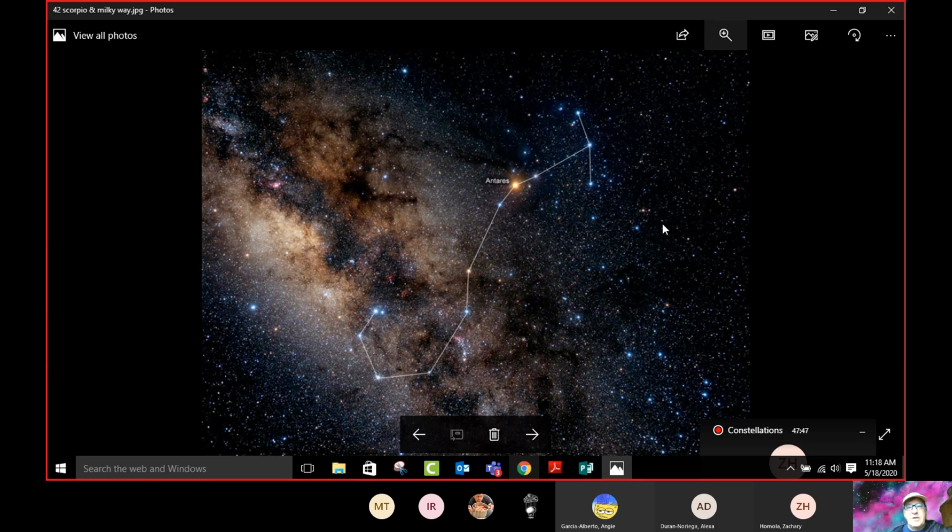So this is the Scorpion, and as you can see by the background, it's found in line with the Milky Way. This one you can see in the summertime, and it's in the south. In fact, sailors used Antares to help them find south. It's a little less reliable than the North Star because throughout the night it moves across the sky, but it's always in the southern sky.